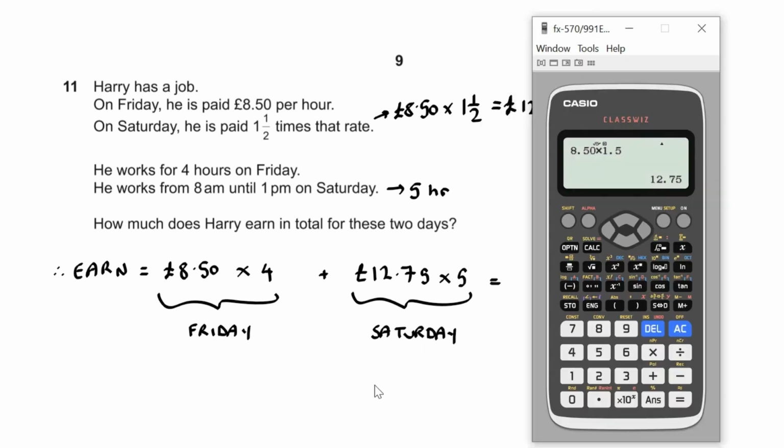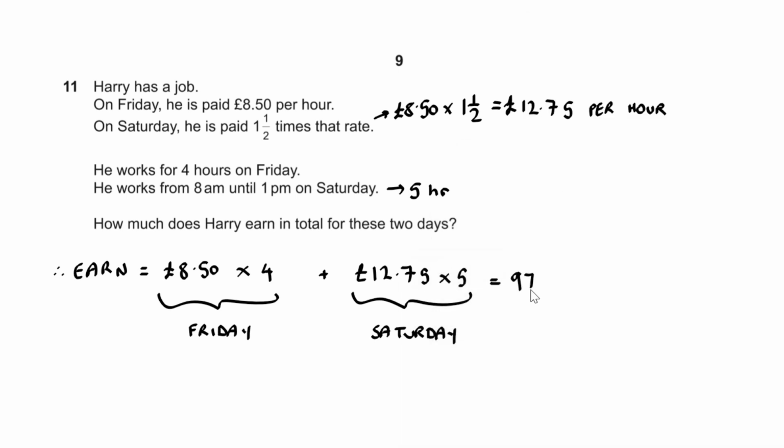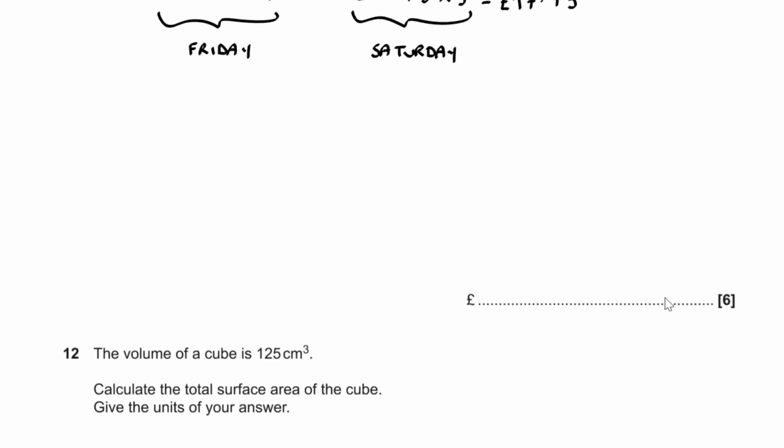So if we work out the total here, we've got this amount times by 5 plus 850 times by 4, which is £97.75. So we get here £97.75 as the total amount of money he would earn.